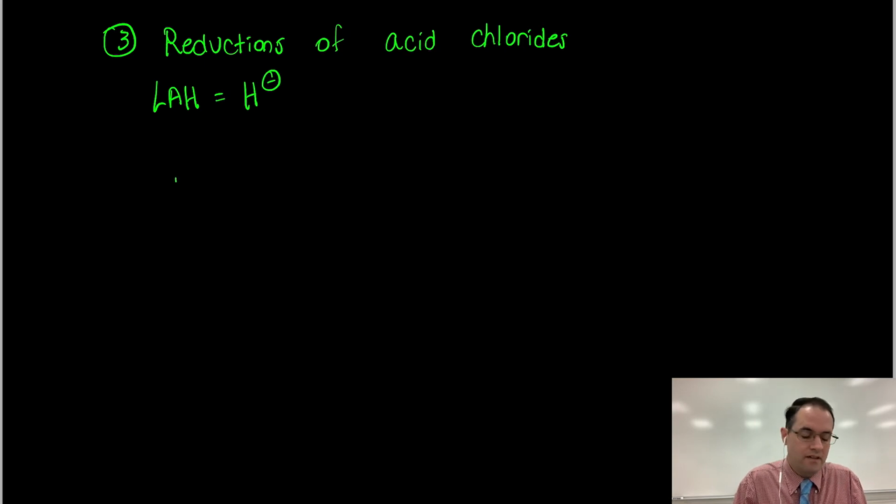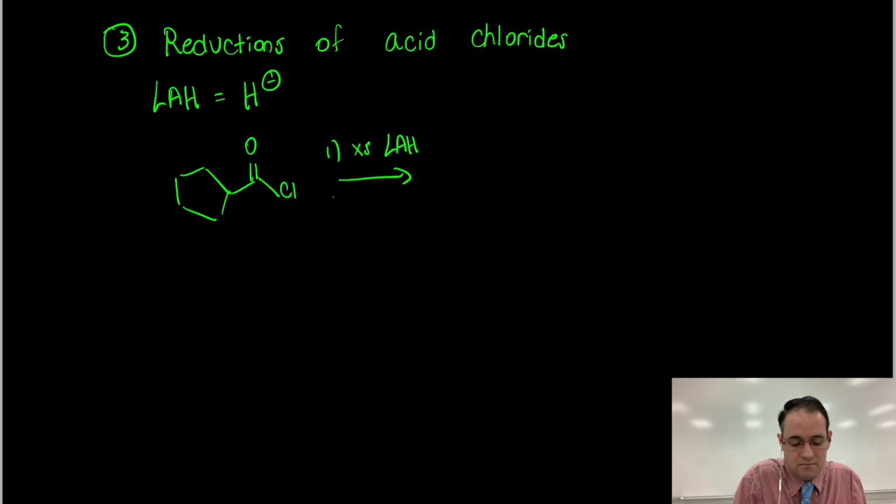So we could have an acid chloride, and if I treat this with lithium aluminum hydride, which is excess, always assume lithium aluminum hydride is excess, but we're just emphasizing it that you have more than one, okay? And so what you form from this reaction is a primary alcohol.